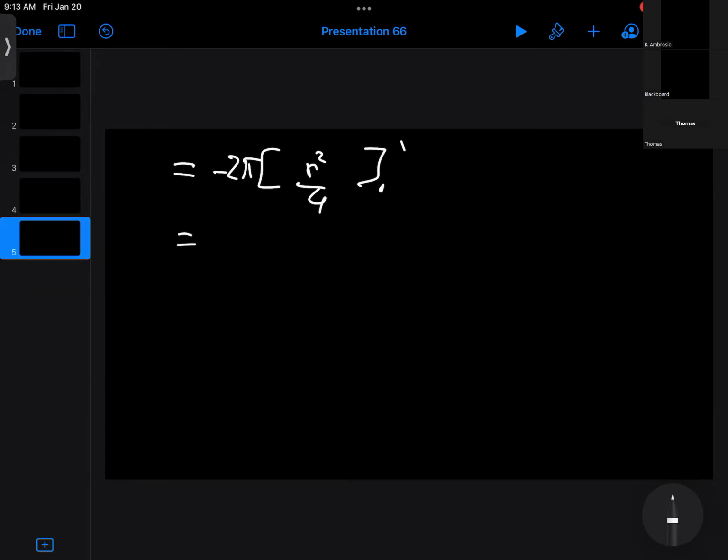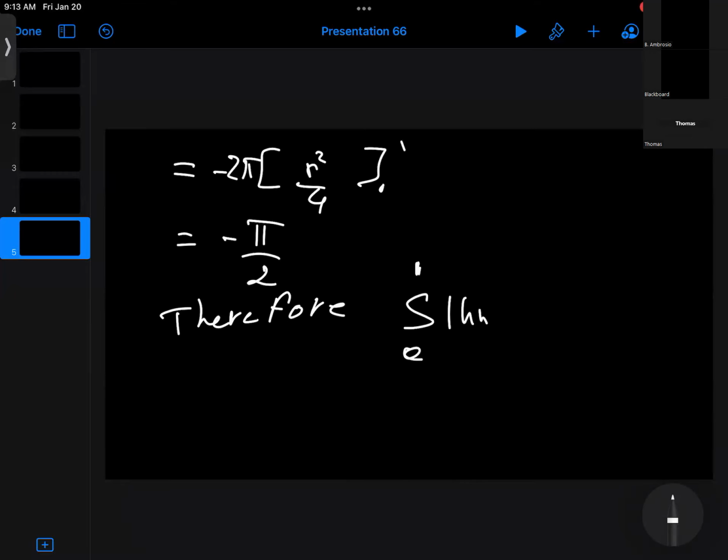So finally, I get minus pi divided by 2. So what I wanted to show exactly is that this is finite.